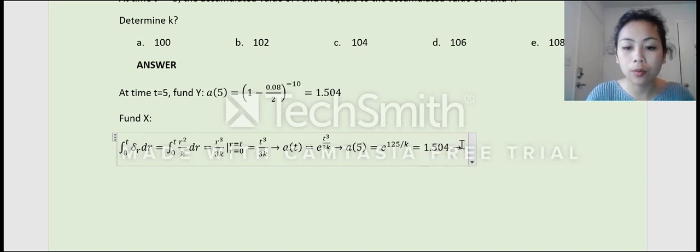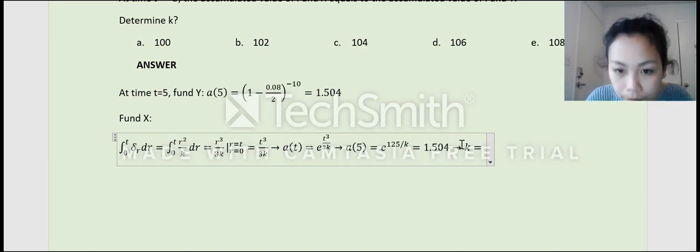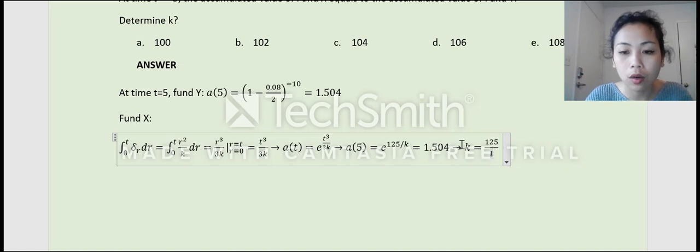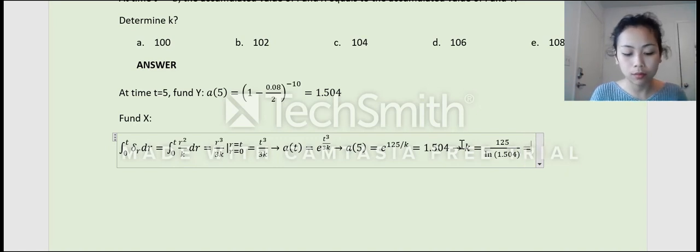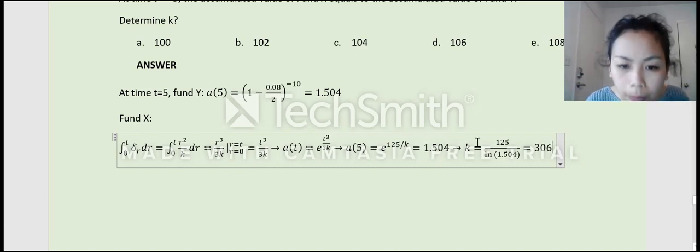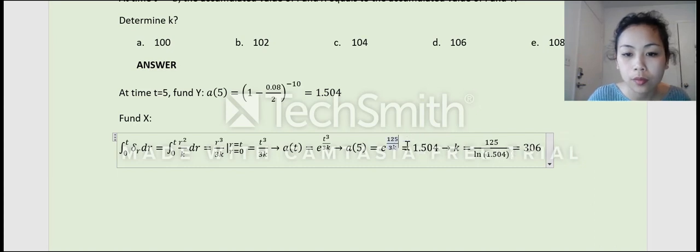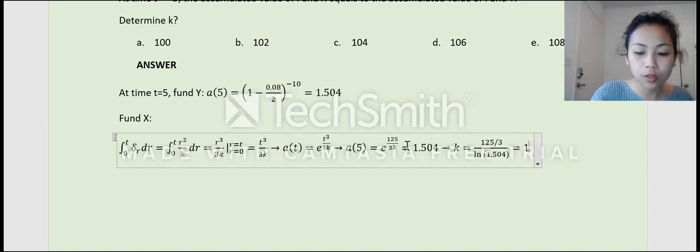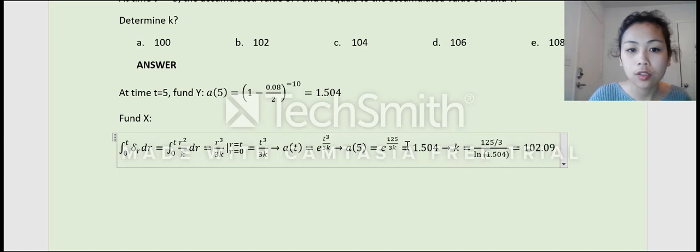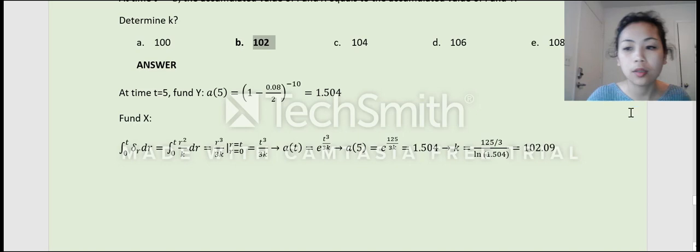So from here we will be able to find k equal to 125 divided by the natural log of 1.504, and that is 306, over 3k, so this is divided by 3, and this equals 102.09. So the answer is B.